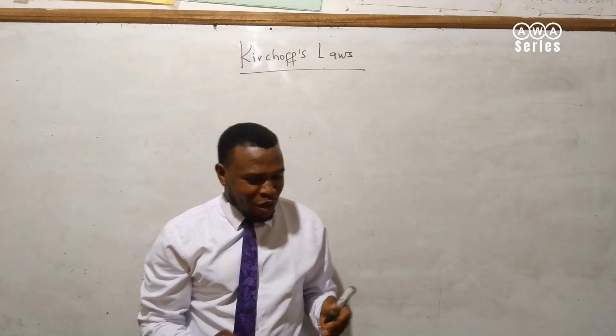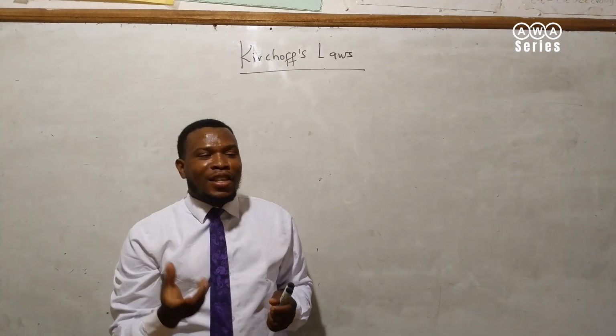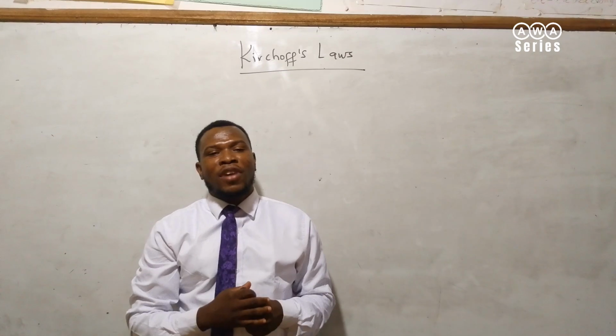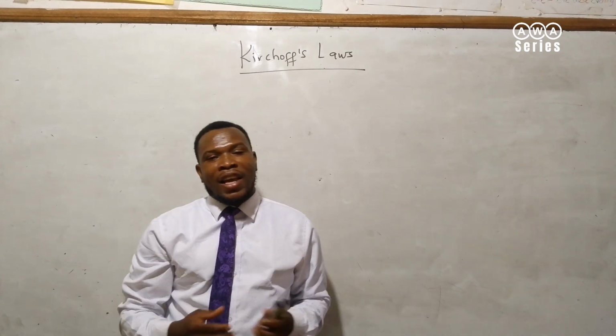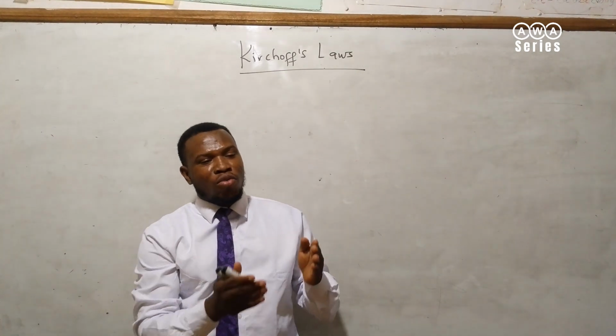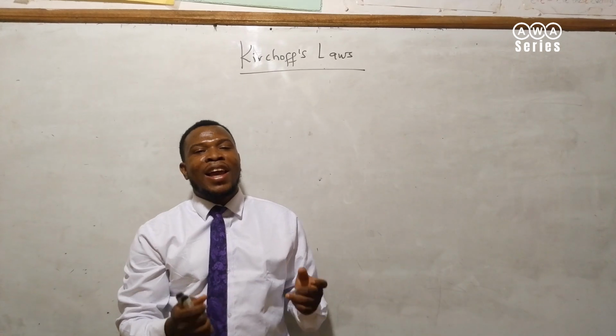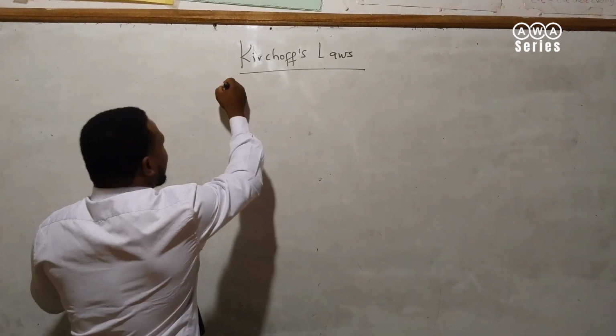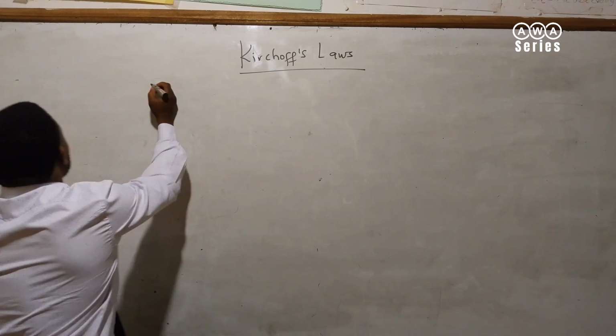They are not quite difficult, but you just need a handful of techniques and then continuous practice, and you'll be very fine. So Kirchhoff's laws, like I said, are just some techniques or rules that govern us to analyze electrical circuits. And there are two basic rules. The first one, we call it Kirchhoff's first law.